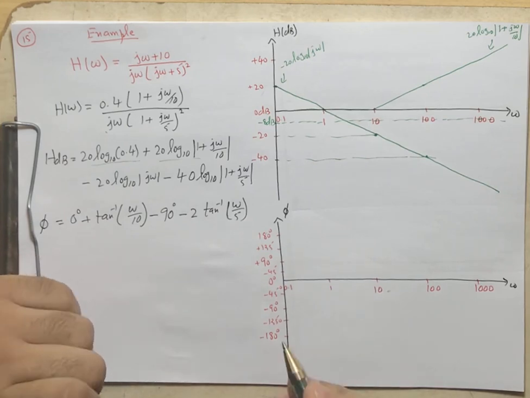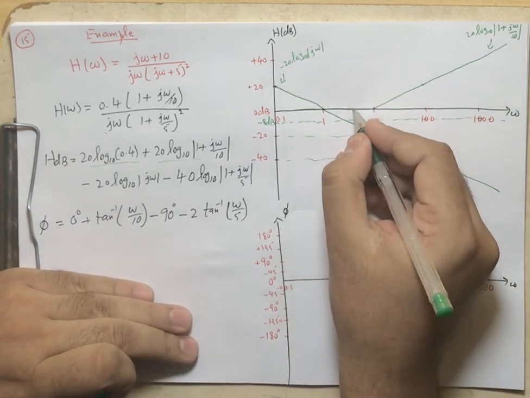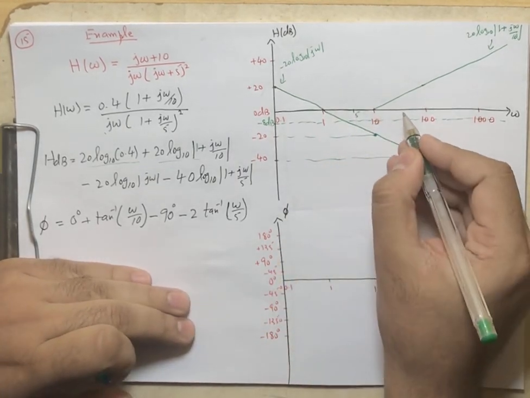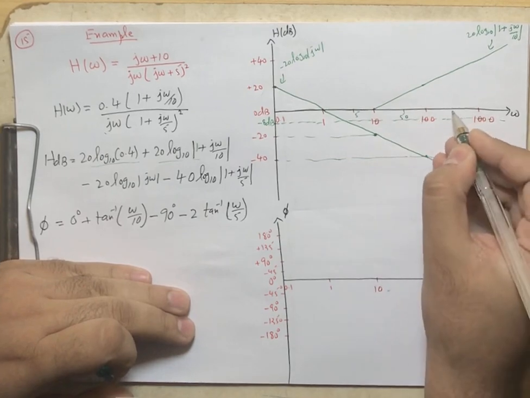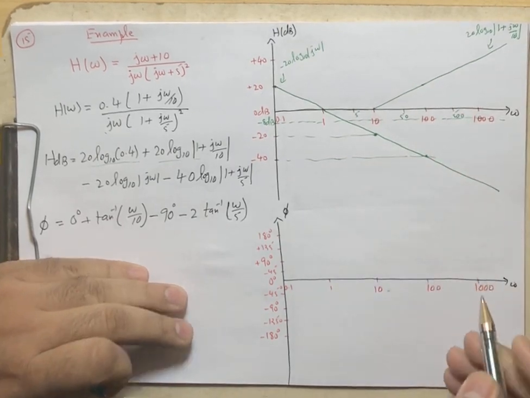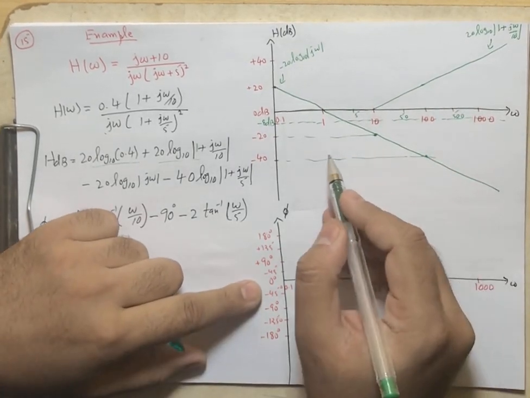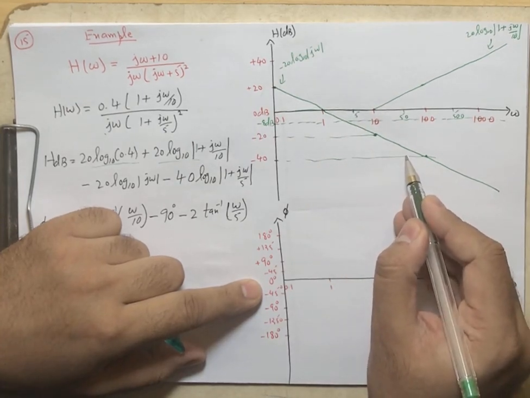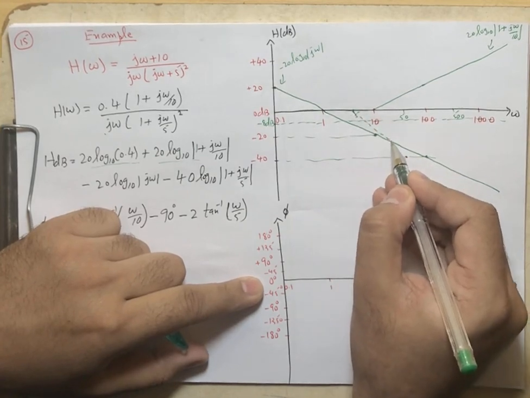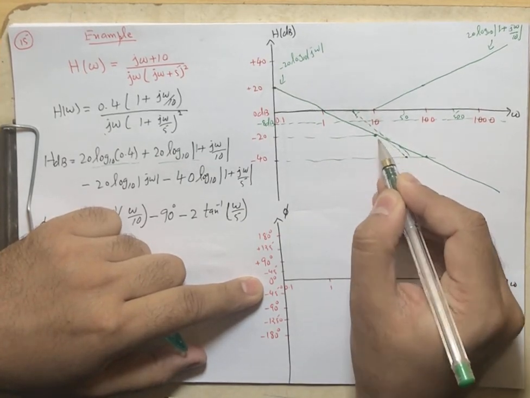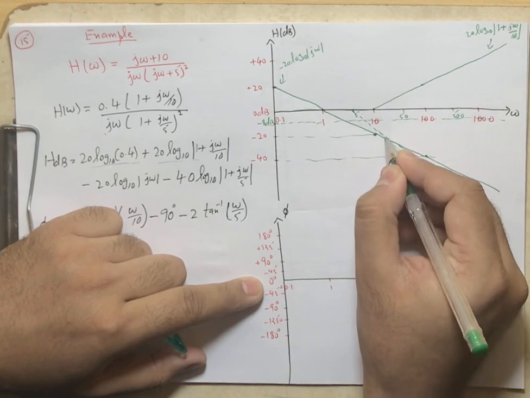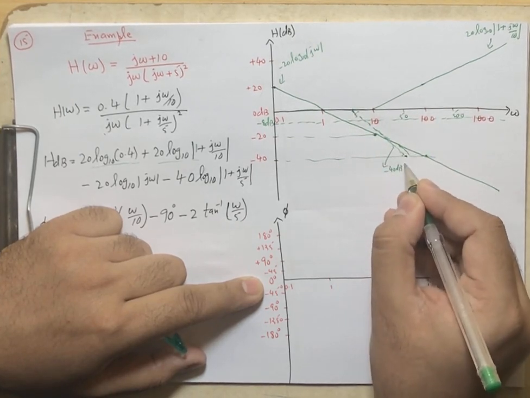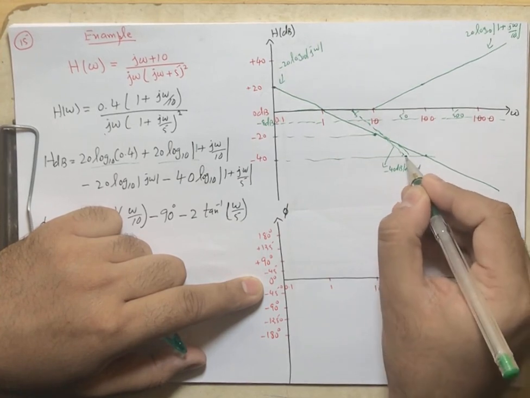You can see that at 5 over here, from 5 till 50, and then 500, you have a slope of minus 40 dB. So this whole term is minus 40 dB per decade, and so on and so forth.